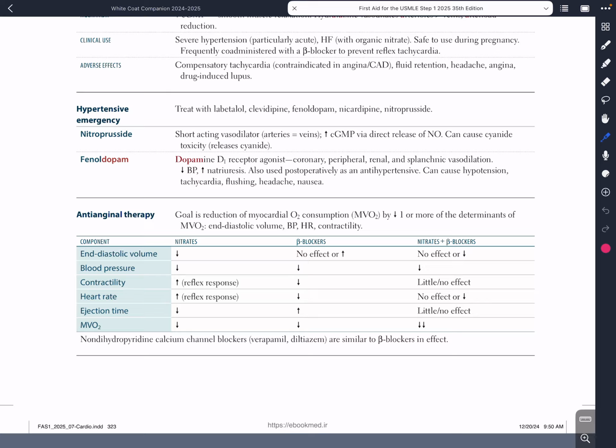So where does fenoldopam act? On the dopamine D1 receptor. Fenoldopam helps in lowering blood pressure, and it increases natriuresis. Natriuresis means you pee out sodium.